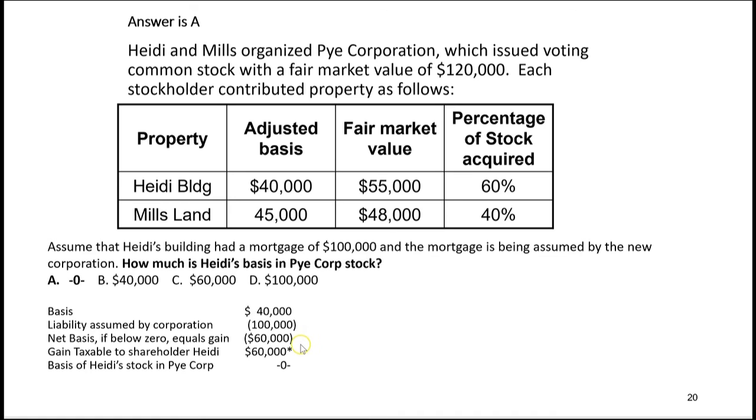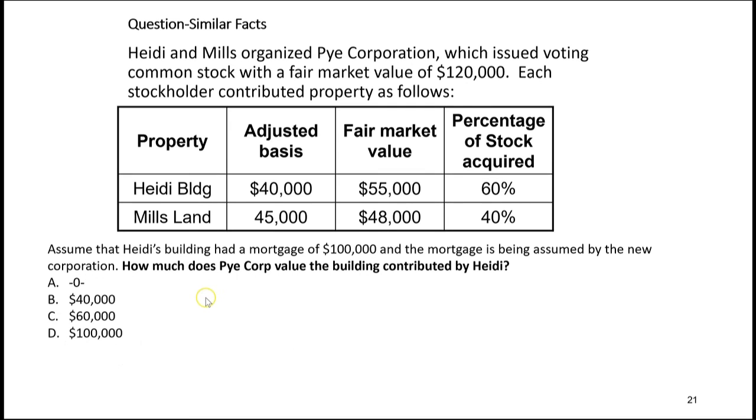That puts her underwater, minus $60,000 basis. We recognize all 60,000 as a gain to Heidi. And what does that do? That puts her basis at zero. So we did all that to bring her to a zero basis in the stock. She has no basis in Pi Corp stock, so that when she goes to sell it, it's all going to be gain.